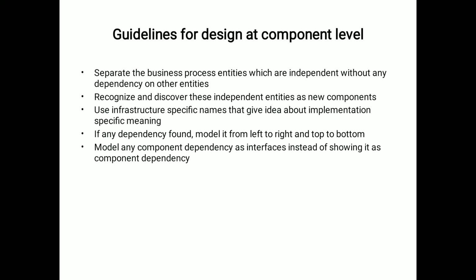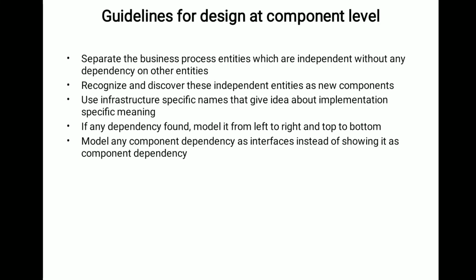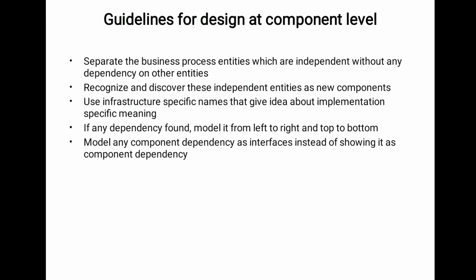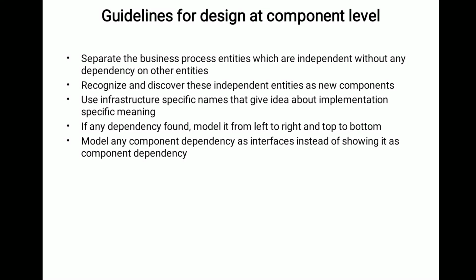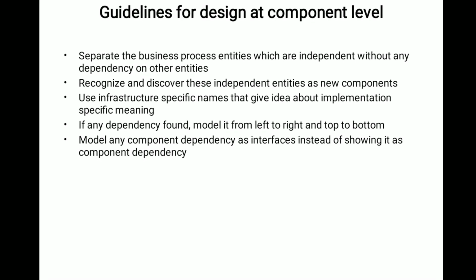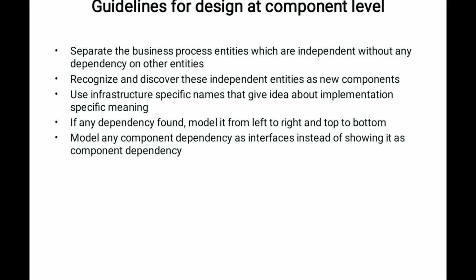Now, guidelines for design at component level. Separate the business process entities which are independent, without any dependency on other entities. Recognize and discover these independent entities as new components.